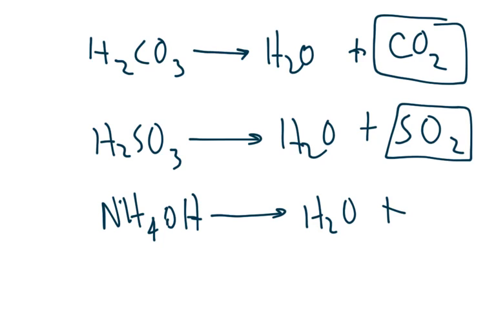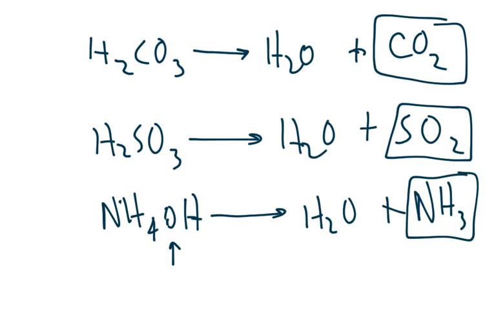And then the last one, you'll notice there are 5 hydrogens, okay? 2 of them go into the water. The only oxygen you see there goes to the water. So what's left is the nitrogen, and there's 5 hydrogens, but 2 are in the water, so the other 3 are left behind.